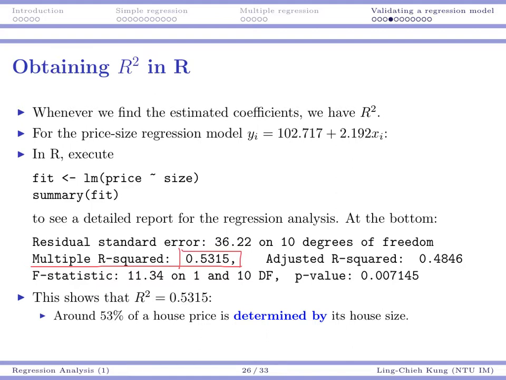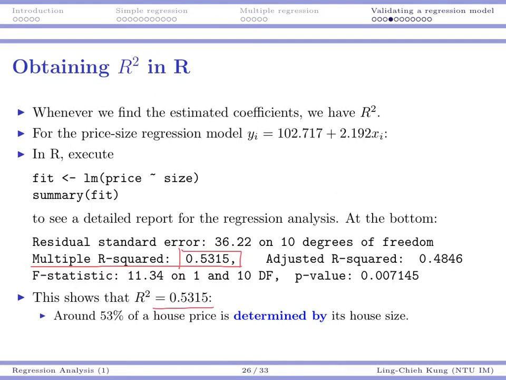In this particular model, the R squared would be 0.53. That means around 53% of a house price is determined by its house size. If we can control house size, then we can control around 53% of house price.